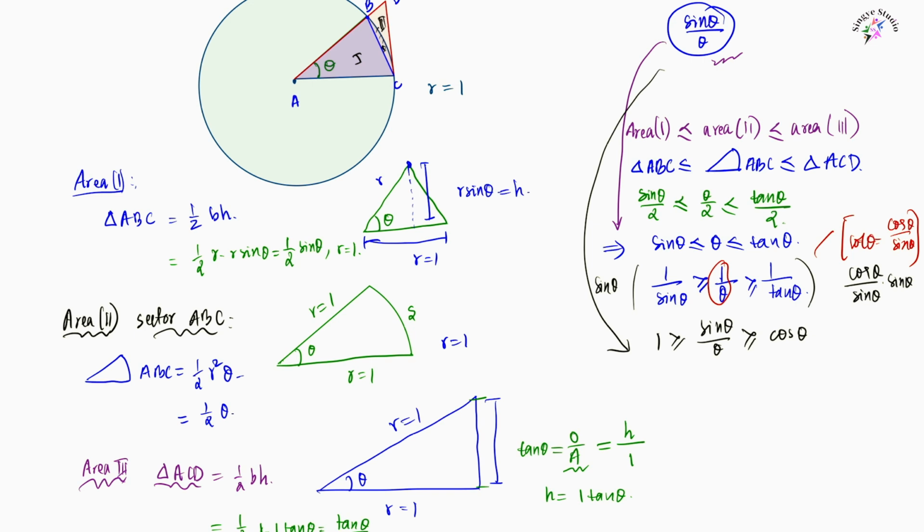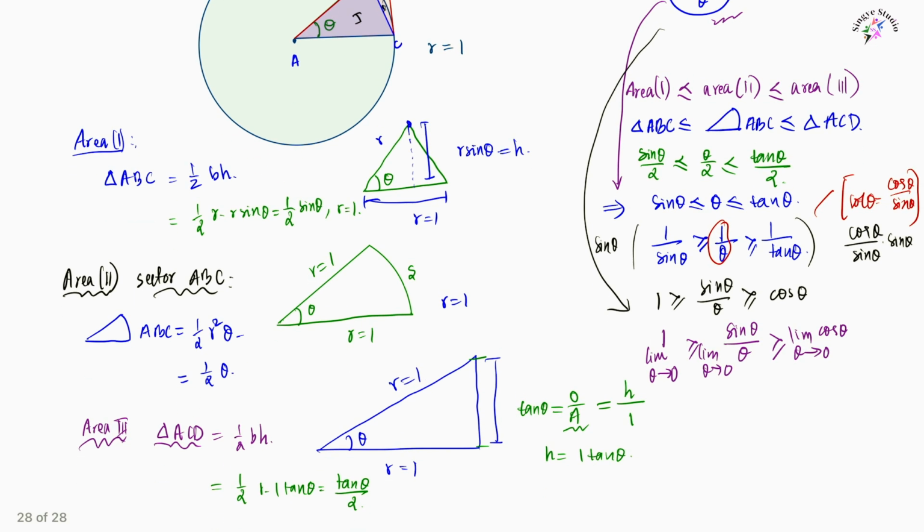We apply the limit as theta approaches 0 to: 1 is greater than or equal to the limit of sine theta over theta, which is greater than or equal to the limit of cosine theta as theta approaches 0, right?